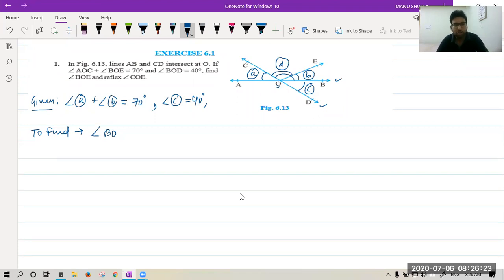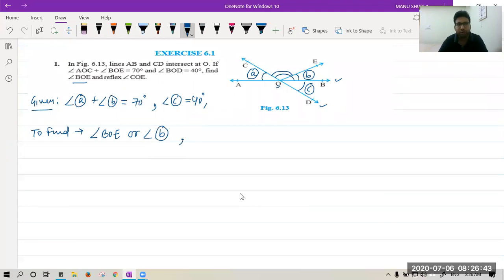Sorry, I have taken extra. One second, my mistake. I have read the to find mistakenly. We have to find angle BOE. This is BOE. So we have to find angle BOE or angle B.